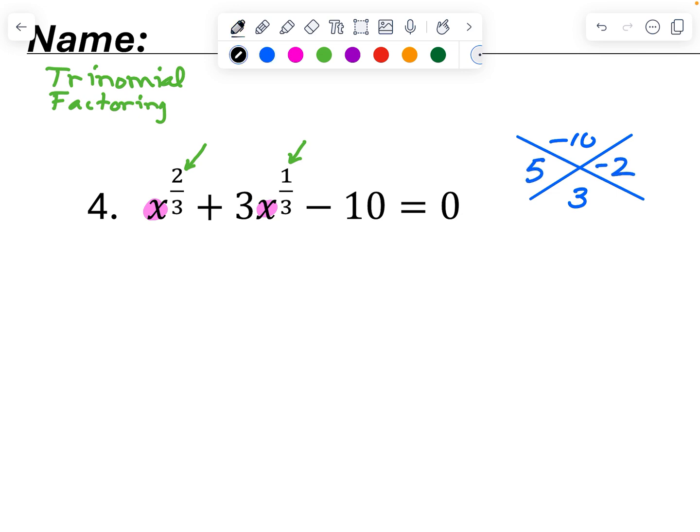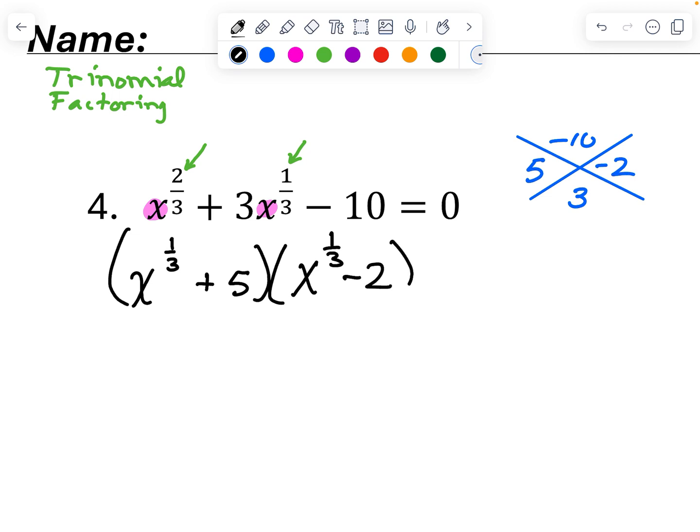So we are going to say that we have x to the 1/3 power plus 5 and x to the 1/3 power minus 2 is equal to 0. And if you're uncertain, you multiply it back together, and yes, you get what we started with.